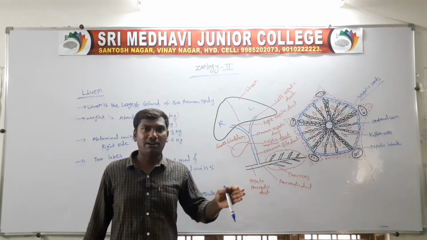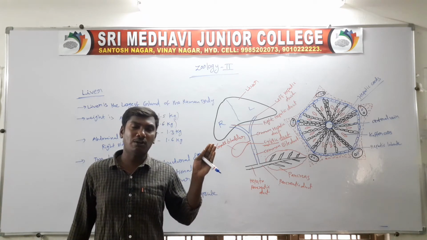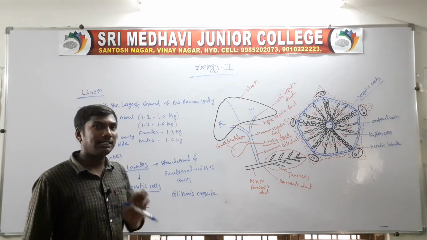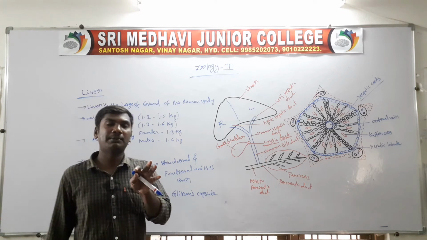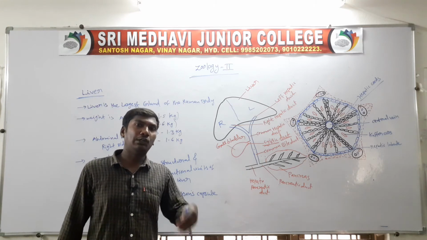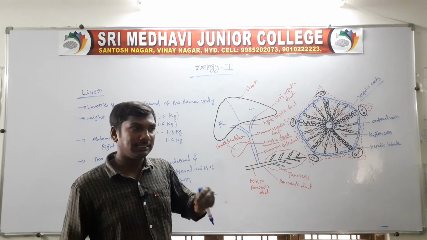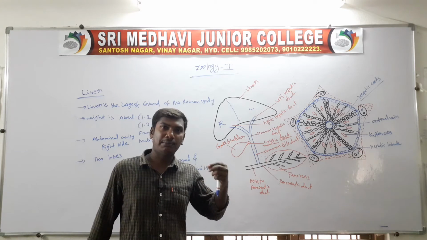The liver is the largest organ of the human body, weighing 1.2 to 1.5 kg. It has two lobes, the left lobe and the right lobe. The lobes contain lobules, which contain hexagonal hepatic cells. The hepatic cells combine to form hepatic cords and release bile.